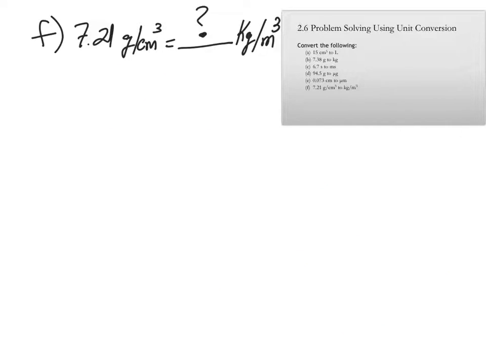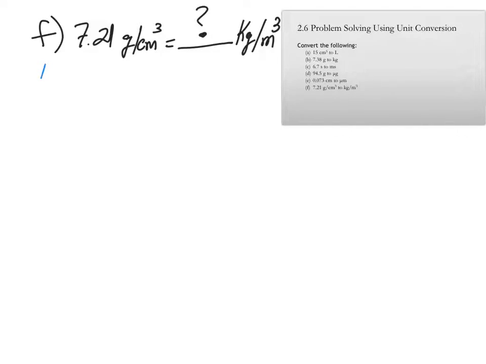And the last problem in this set is 7.21 grams per cubic centimeter, converting that to kilograms per cubic meter. Now this is different from the rest of them in that there's 2 different types of units to begin with, and we're changing both of them. So we need to know, first of all, how many grams are in a kilogram.